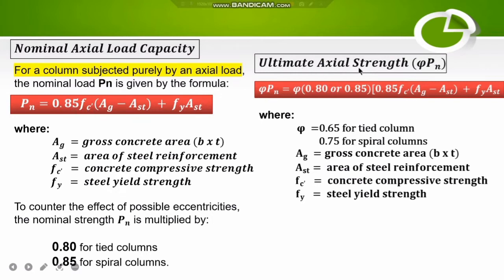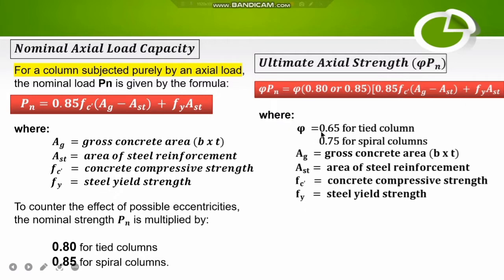So the ultimate axial strength, or phi Pn, is equal to phi times 0.80 if tied column, or 0.85 if spiral column, times the quantity 0.85 Fc prime times the quantity Ag minus Ast, plus Fy Ast.